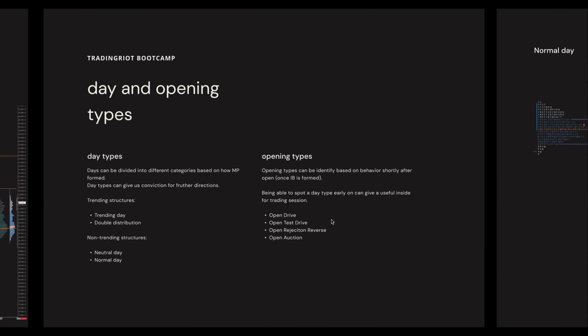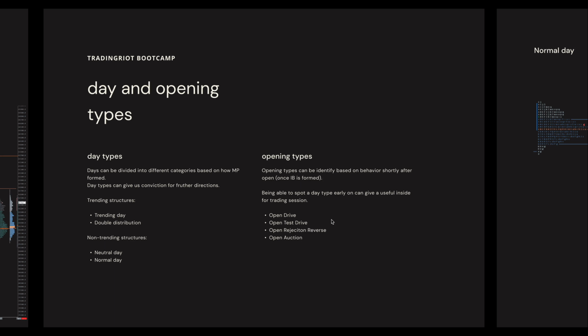Okay, the day and opening types. We are coming into the part of the volume profile which I don't actively use in my trading, but I felt like it's worth covering. The thing with the opening types and day types is they are once again these extremely systematic ways of looking at something, and I feel like when something is too systematic, it's easily exploited by smarter people.